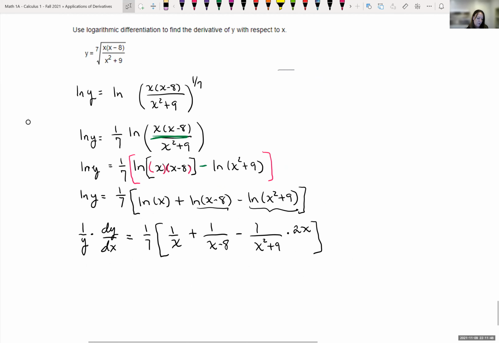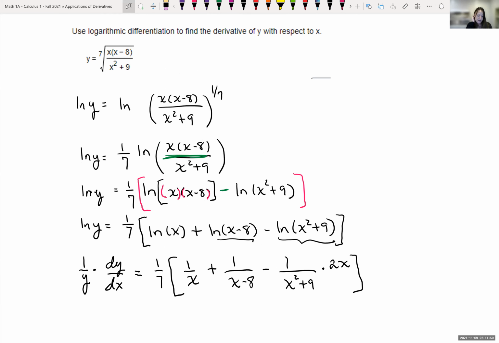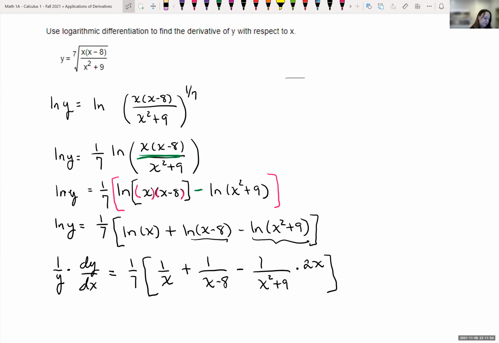And then we want to multiply both sides. We want dy dx by itself. So we want to multiply both sides by y.